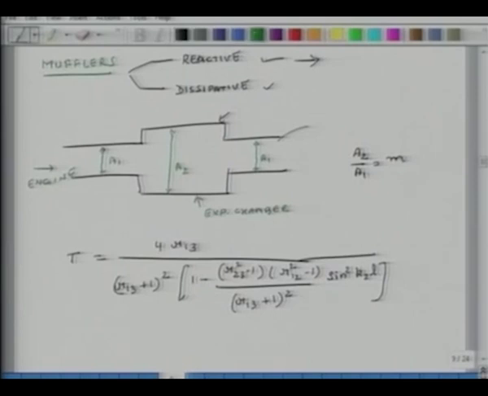And I should mention that this distance L is the length of the expansion chamber.